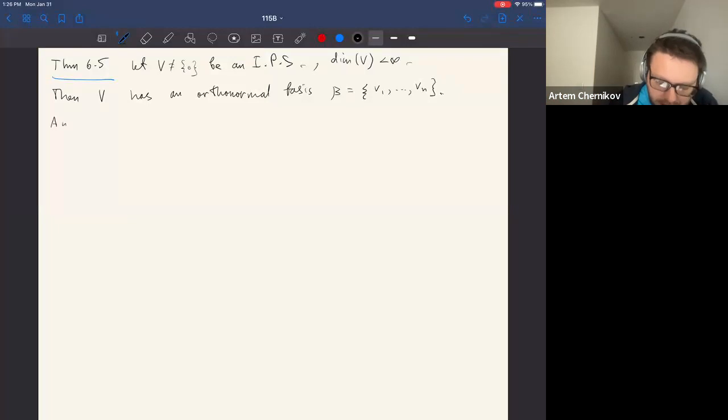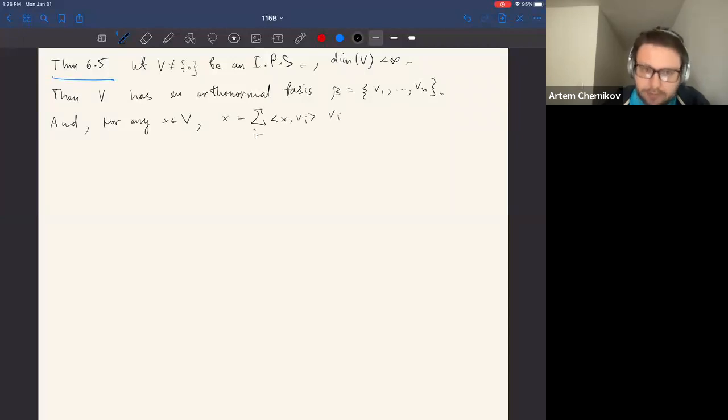And then if we have an orthonormal basis, we have that for any vector x in V, its coordinates have this special presentation. So we have that the coordinates are given by the inner products. Okay. So the coordinates of this vector are all of the form x inner product with vi.